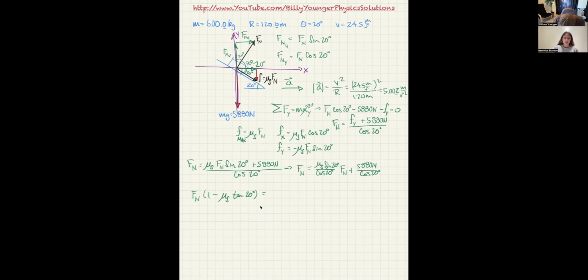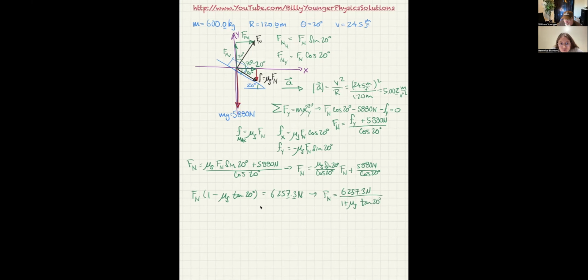And this gives me 6,257.3 newtons. Obviously, that's two extra non-sig figs. So I can now say that the normal force should be equal to 6,257.3 newtons divided by 1 plus mu sub s times tangent 20.